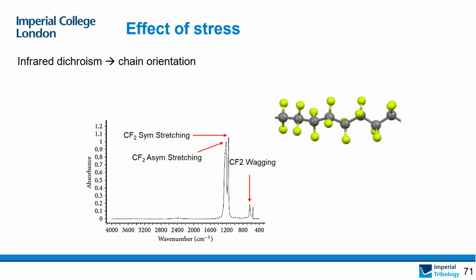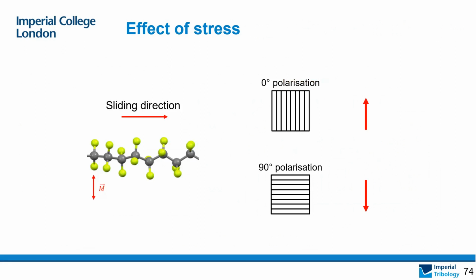This is a typical IR spectrum for PTFE. In this study, we use the asymmetric stretching mode of the CF2 bond in PTFE. The vector of the dipole moment for this vibration mode is perpendicular to the chain orientation.